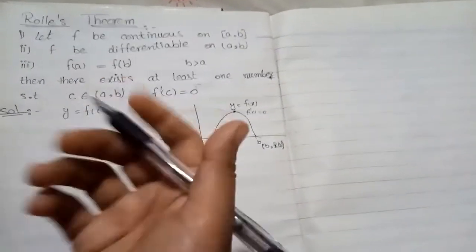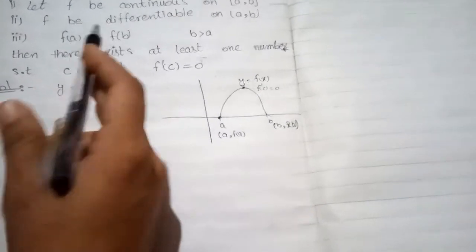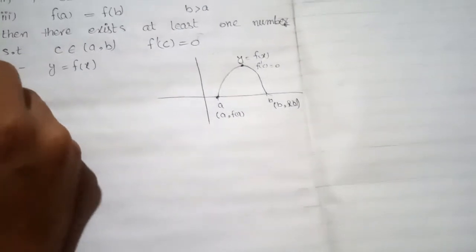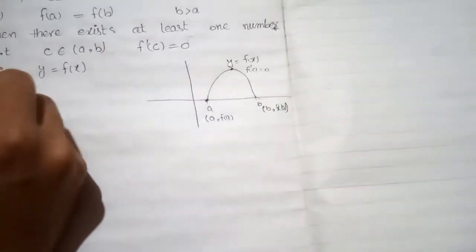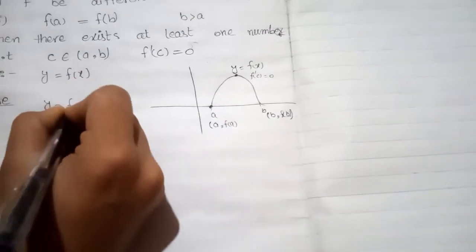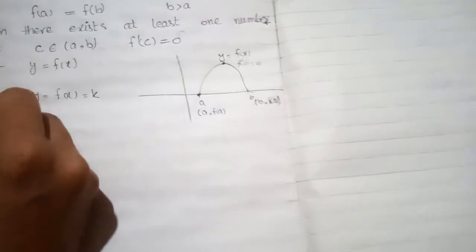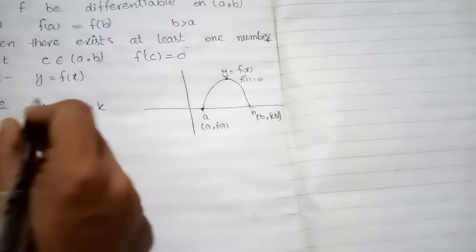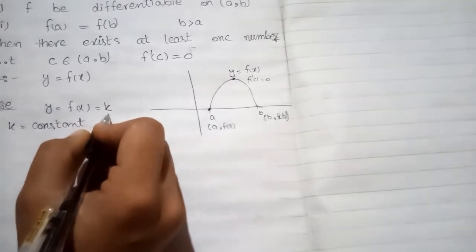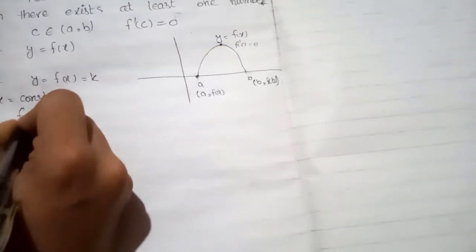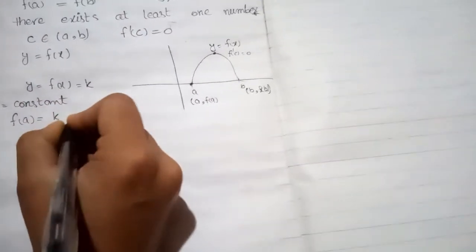For Rolle's theorem, we have two cases. The first case is that y equals f(x) equals k, where k is a constant. So the function is constant. Then f(a) is k, and f(b) is also k.